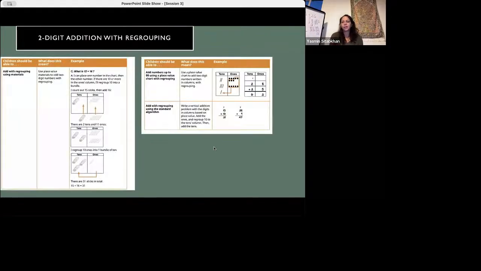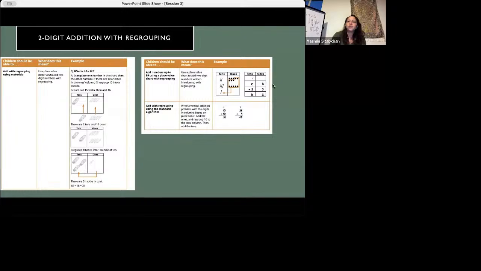Thank you. And speaking of which, here are some examples of two-digit addition with regrouping. When you first start regrouping with the vertical algorithm, use materials. This is what we just did, right? Count out the sticks, and you can use a place value chart to help you. That often helps students. Use the place value chart, count out the sticks and bundles, and model the procedure.